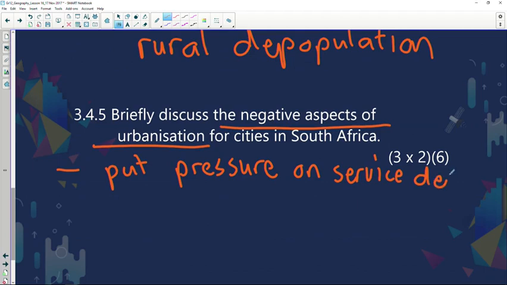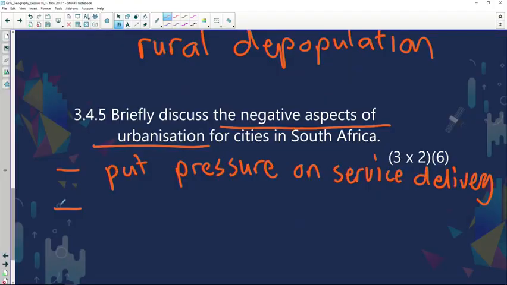And I'm talking about collecting rubbish, water supply, electricity. Now, all of a sudden, because of the movement of all of these people, what's going to happen? There's going to be a higher demand for electricity. There's going to be a higher demand for housing. There's going to be a higher demand for water. So that's probably the biggest problem that we experience. It puts pressure on the service delivery.